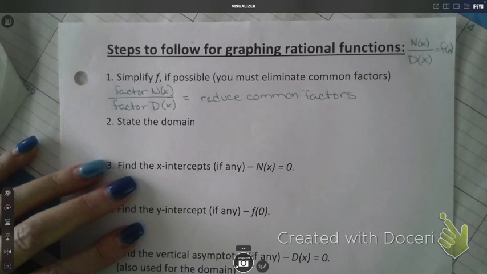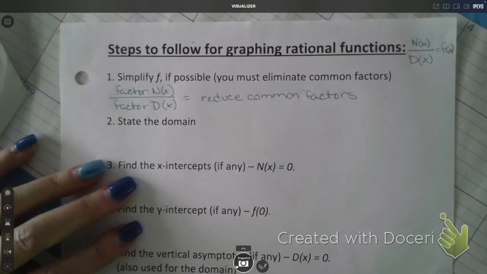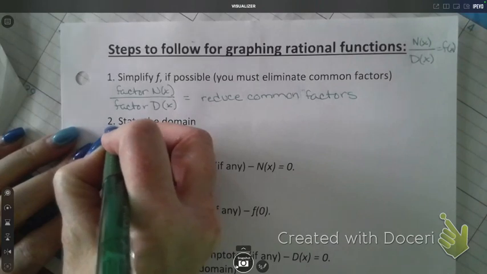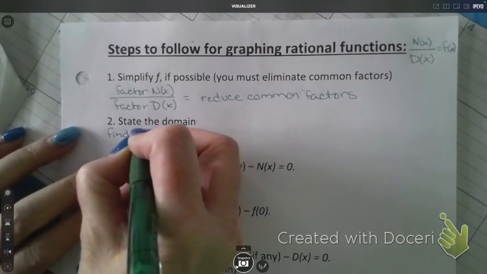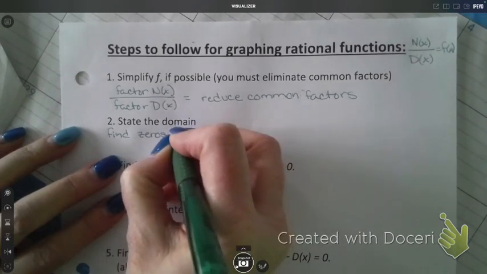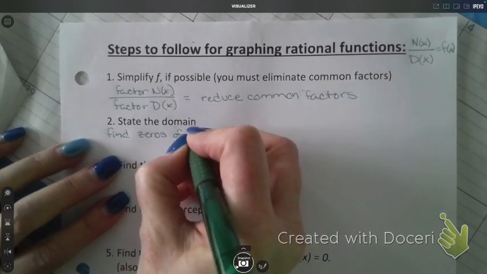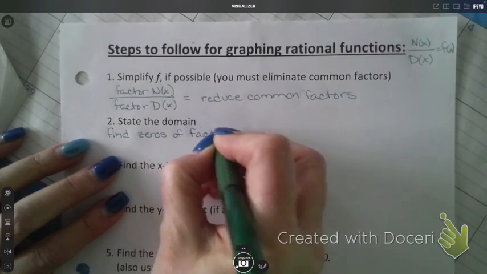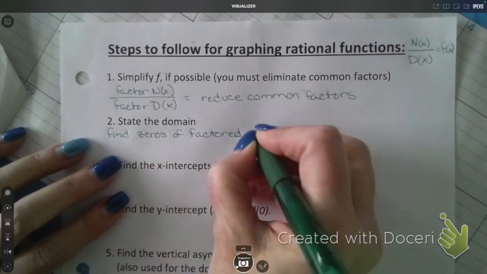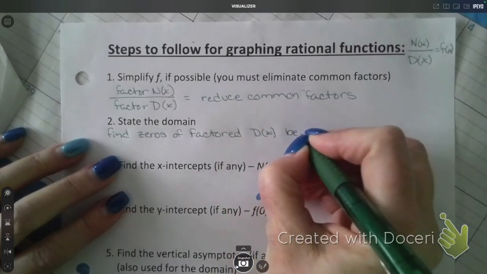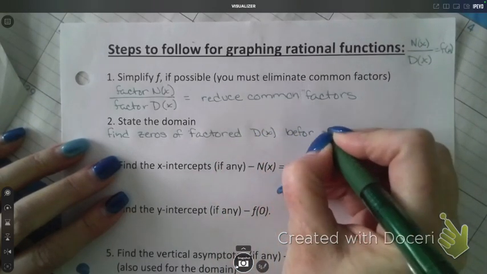The factor. Once you factor, you set the denominator equal to 0. So you find zeros of d of x, factored, before you reduce, correct?